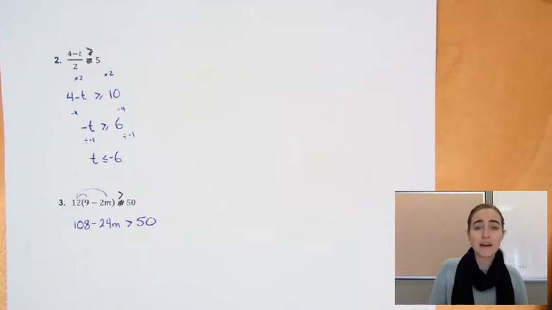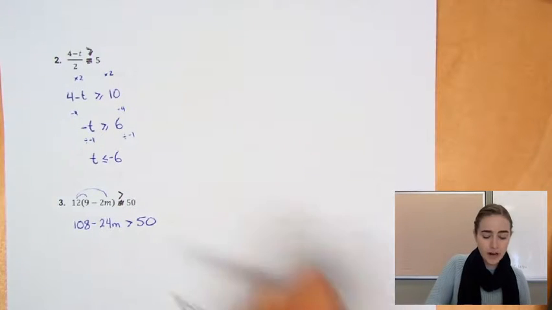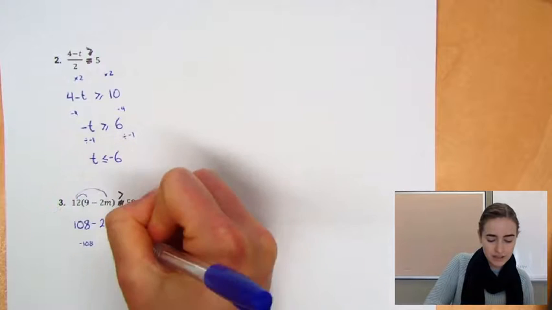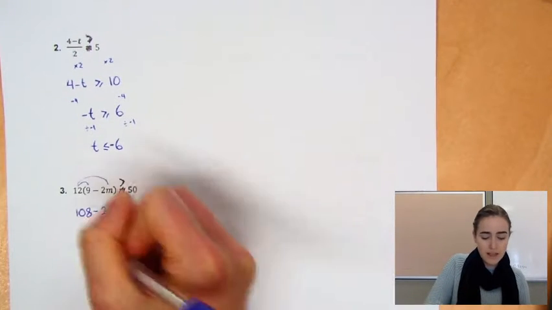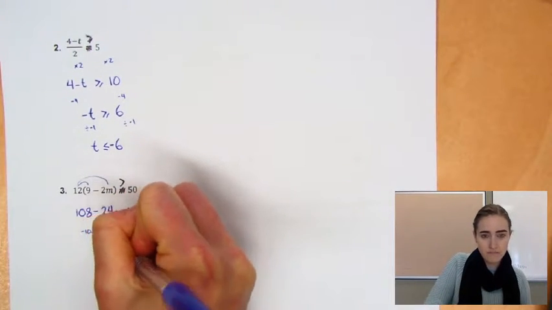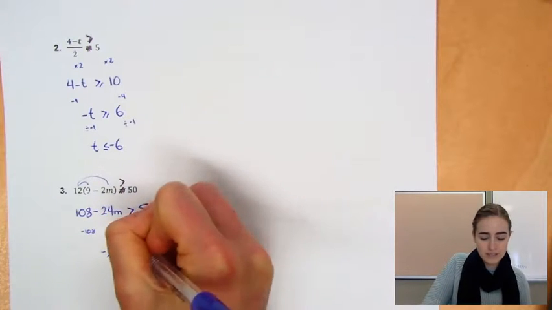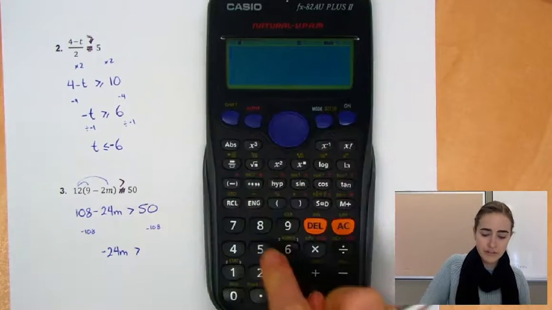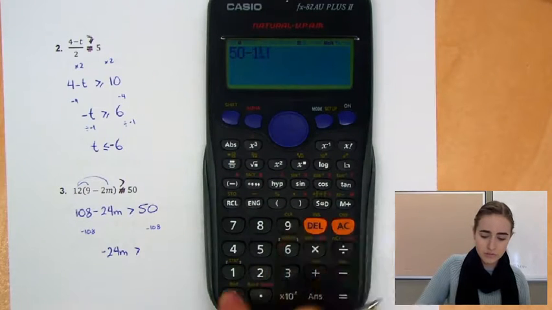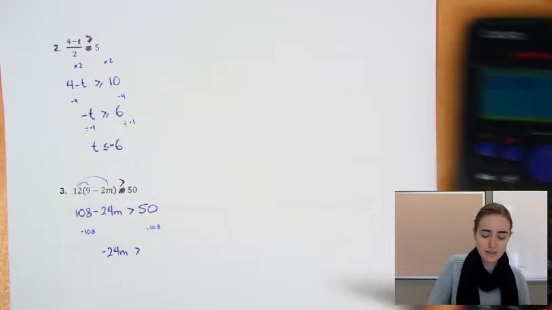So we've just expanded that bracket. Now we're going to subtract 108 from both sides and we'll be left with minus 24m is greater than 50 minus 108, which gives us minus 58.